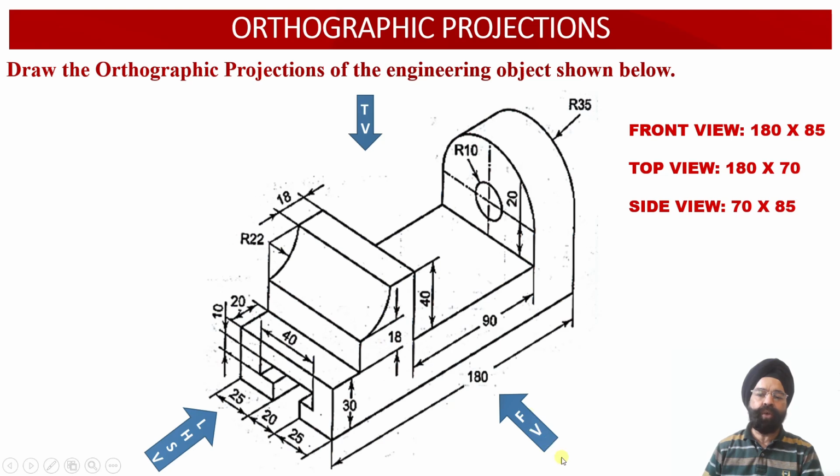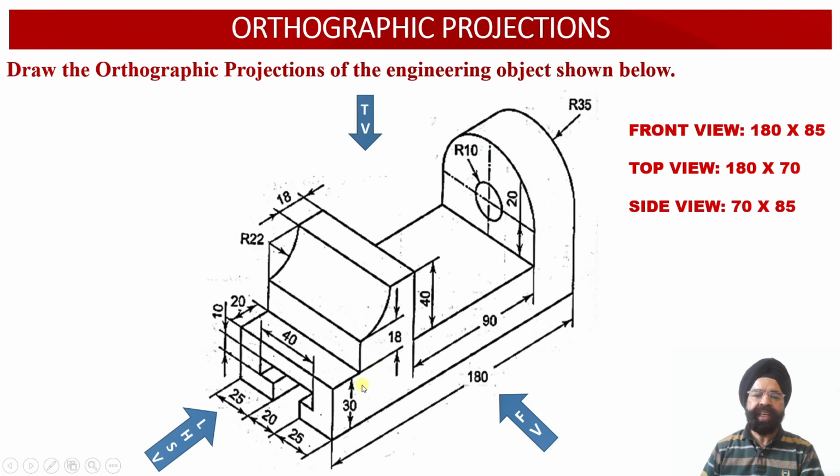Now when we look at the solid from the front view orientation, we observe that the width of the solid is equal to 180 millimeter, while the height of the solid has not been provided to us. We can check there are two segments corresponding to the solid. One segment is lying towards the left hand side of the solid, while the other segment is lying onto the right hand side of the solid.